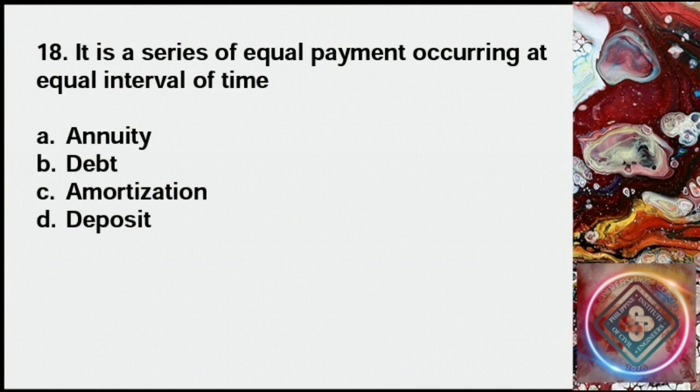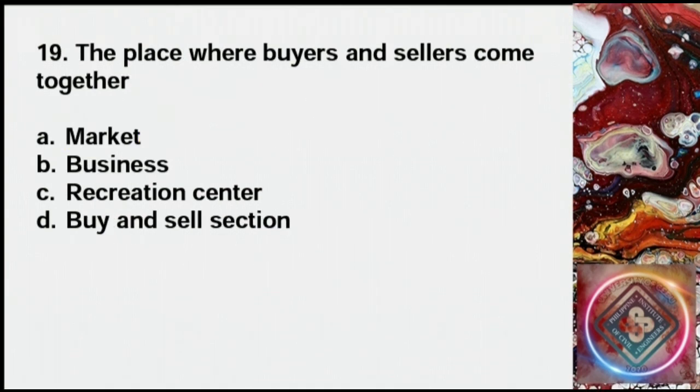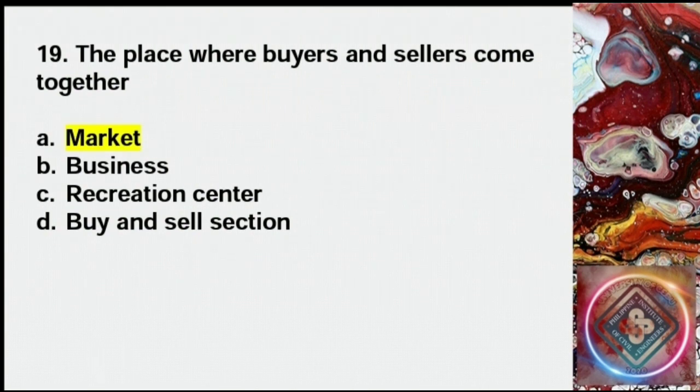A. Annuity, B. Debt, C. Amortization, D. Deposit. A. Annuity. 19. The place where buyers and sellers come together. A. Market, B. Business, C. Recreation center, D. Buy and sell section. A. Market.